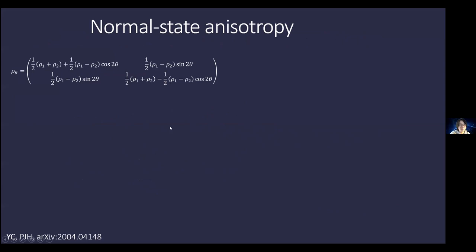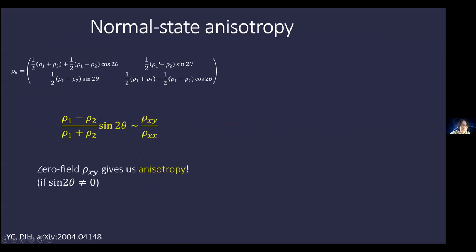But the bottom line is that if you divide the rho xy part by the rho xx part, you get something that is basically proportional to the anisotropy of the system, times the sine of some angle. So as long as this angle is not accidentally 0 or 45 degrees or 90 degrees, the ratio of the zero-field rho xy divided by rho xx will give you information about the anisotropy of the system.